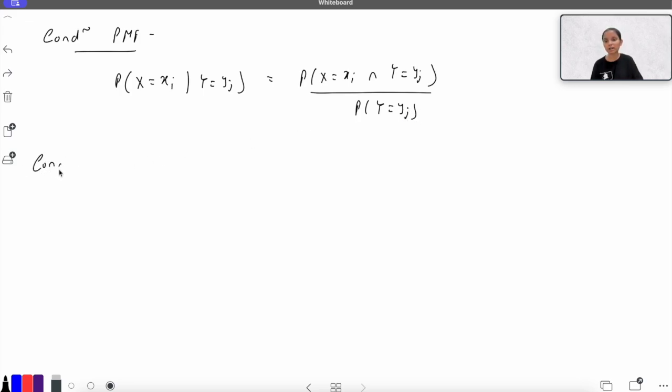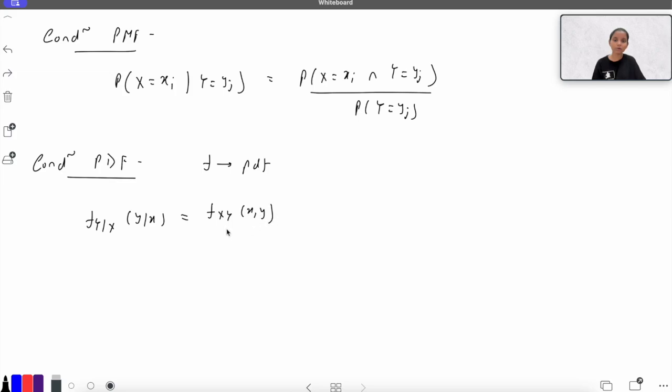Similarly, you will have the conditional PDF, where I am considering that f is the PDF of the two-dimensional random variable. Then f(y given x) would be equal to the joint of those two random variables upon the marginal of x, for f_X(x) greater than 0, because we don't want the denominator to be 0, otherwise the function would be infinity.